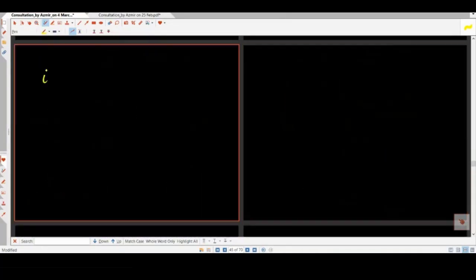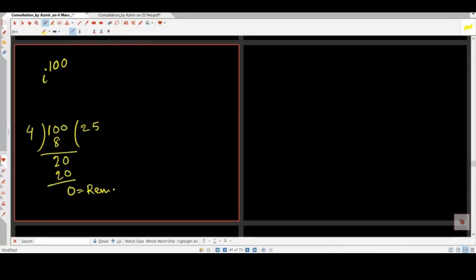Let's say we are trying to find i power 100. Let us divide 100 by 4. If we divide 100 by 4, we get 25, and the remainder that we have found is 0.